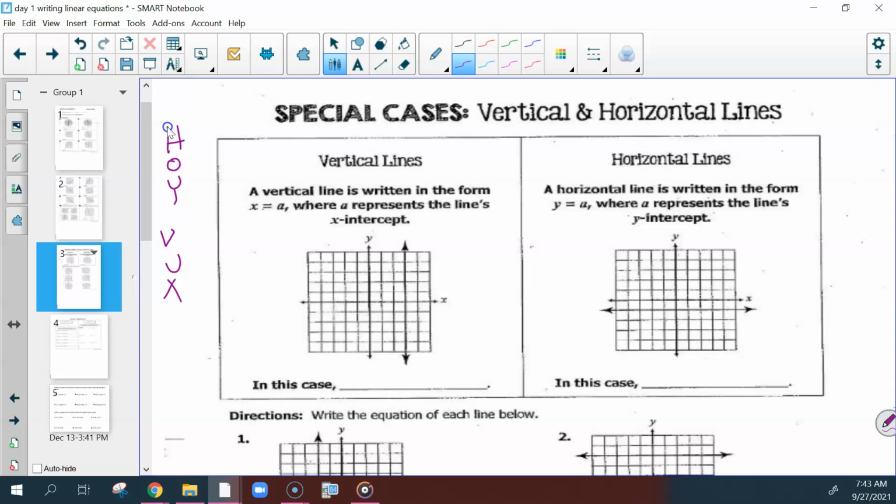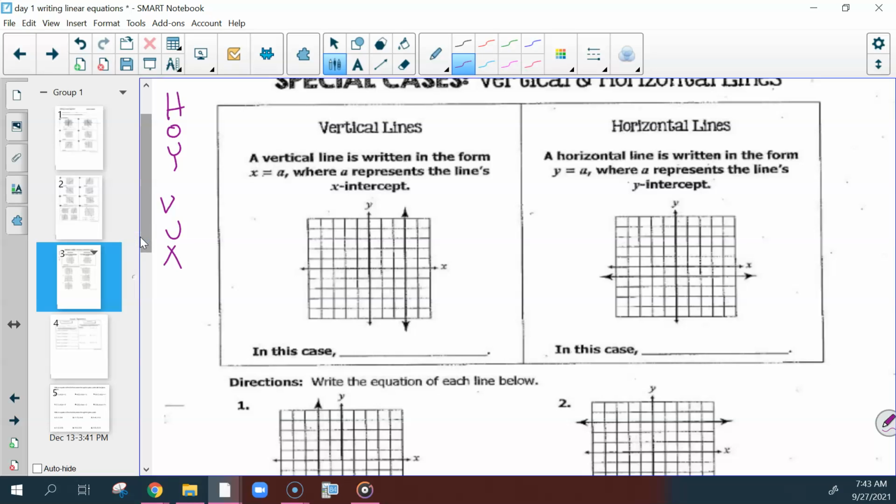So vertical lines have undefined slope, so it has to be an x equals, and you look for wherever that line is. This happens to be an x equals 3, so that would be that equation.